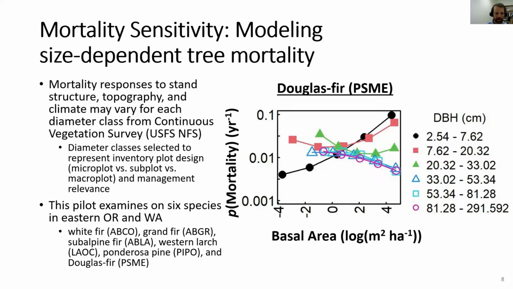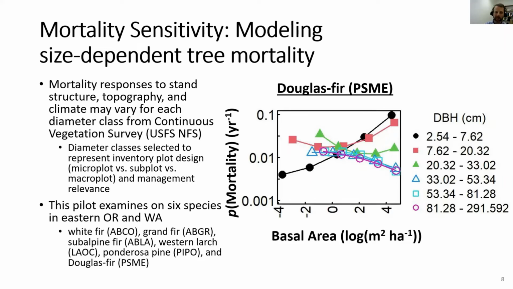And we did this for 6 different size class bins. And we piloted this on 6 common species in Eastern Oregon and Washington: white fir, grand fir, subalpine fir, western larch, ponderosa pine, and Douglas fir. And what you end up with after the modeling is this partial dependence plot here on the right, showing the basal area on the x-axis, the annual probability of mortality on the y-axis for trees in different size classes.